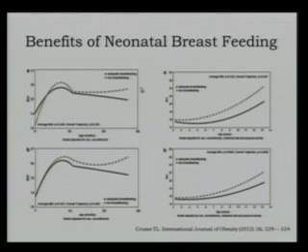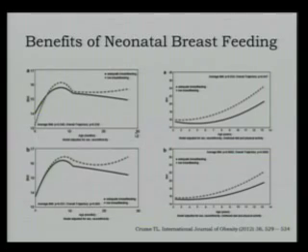So what about the benefits of breastfeeding? Beyond everything else that we know, this is looking at adequate breastfeeding versus inadequate breastfeeding. Adequate breastfeeding in this study was defined as a breastfeeding duration longer than 6 months, compared to the control, which is a breastfeeding duration of less than 6 months, and monitoring the weight and BMI over time of these infants.